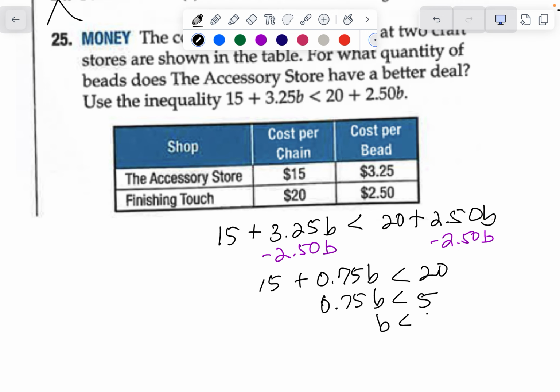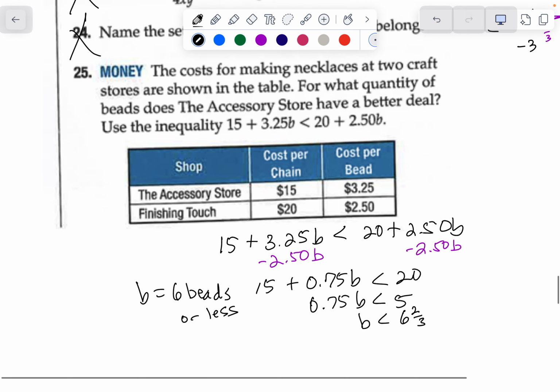Well, no, it's beads. Okay, let me show you what it says. It's 6 2/3. How many full beads can you buy? Yeah, you have to buy less than 6 2/3. So it would be 6 beads or less. Okay. So that is 25.